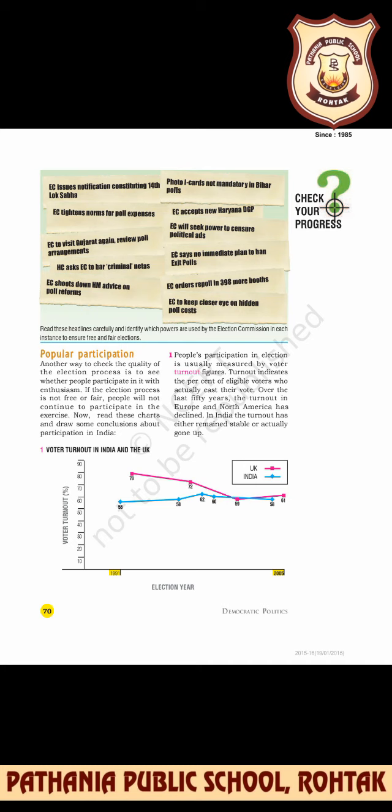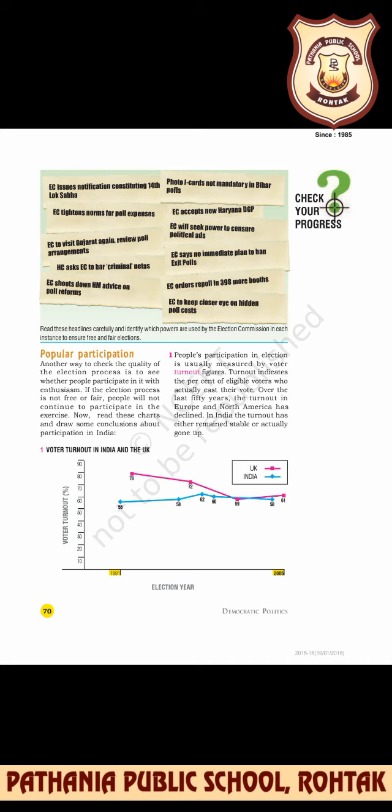Now beta, the next topic that you can see is popular participation. Another way to check the quality of the election process is to see whether people participate in it with enthusiasm. If the election process is not free or fair, people will not continue to participate in the exercise.